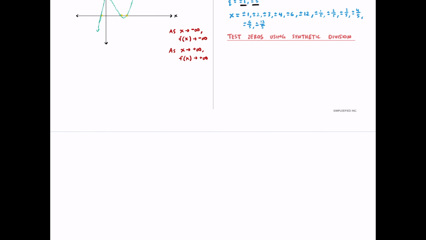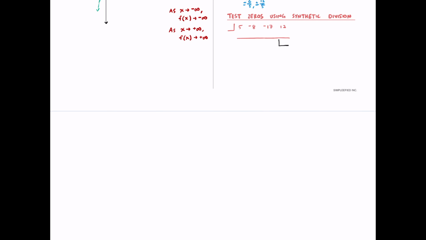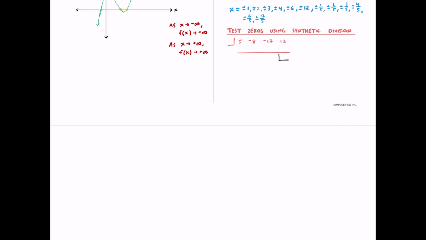All right, let's give it a go. Let's pick one to start with. I'm going to stay away from whole numbers and try some fractions to begin with. Maybe try something like 2/5 and see what happens. We do 2/5. Let's bring down this 5. 5 will cross cancel with that 2/5 to get 2. 2 times 2/5 is going to be 4/5.